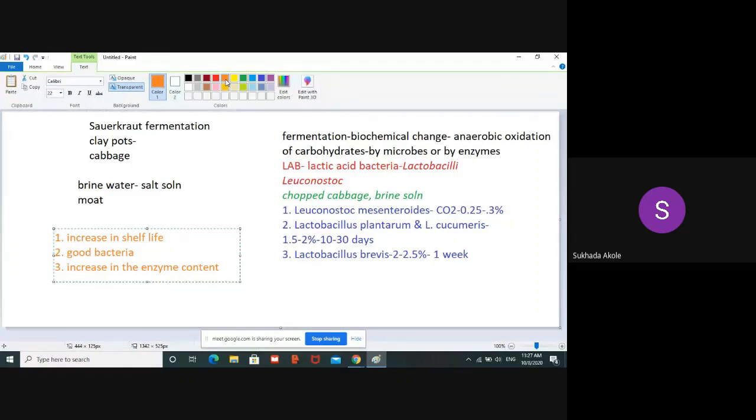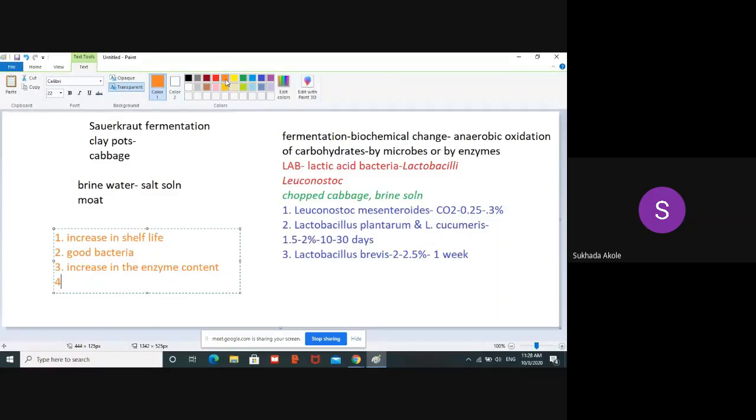Okay. So, since the enzymes have increased, what will happen? It is easier on your stomach and very easy to digest. Okay, normal food requires your body to produce specific enzymes, but lacto-fermented foods come with those enzymes, and therefore it is very easy for us to digest it.